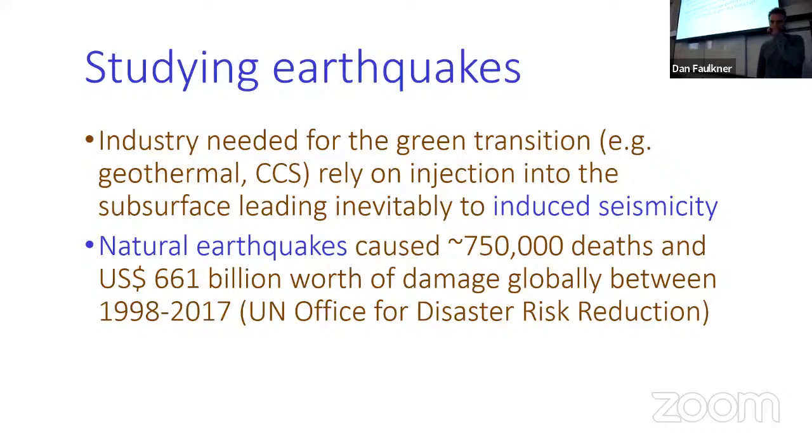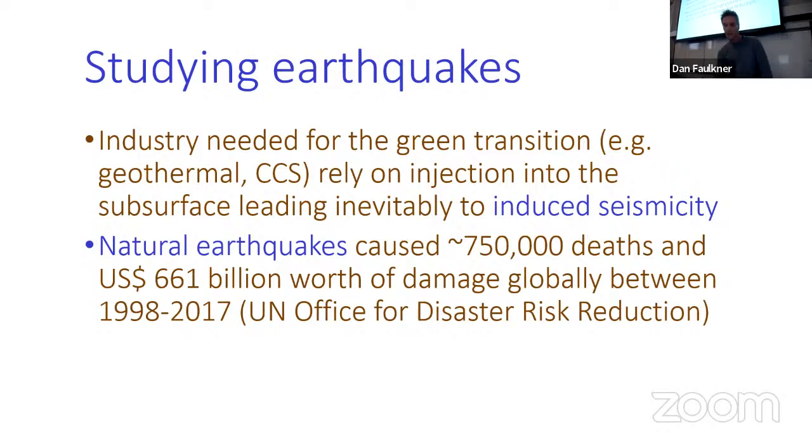Okay. So there's a couple of really good reasons, which I'm sure I'm pointing out the obvious to you all here, for studying earthquakes. First of all, there's a green transition, which we're all acutely aware of that we need to engage with, I think, in the future. And the geological contribution towards that green transition will hopefully be to start to utilize more things like geothermal energy and maybe store carbon dioxide in subsurface reservoirs.